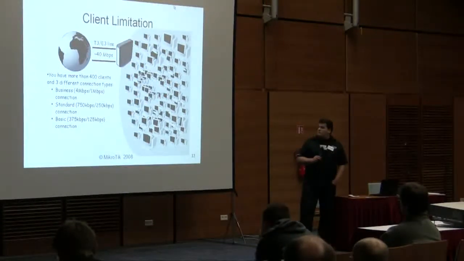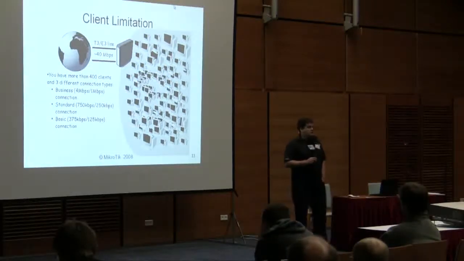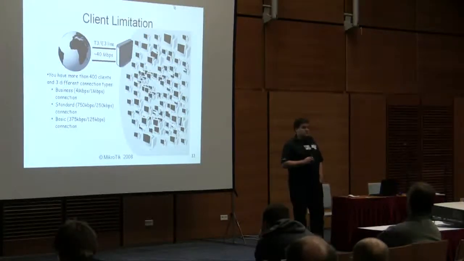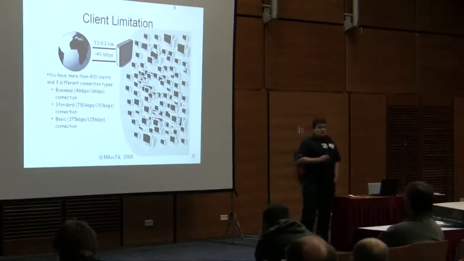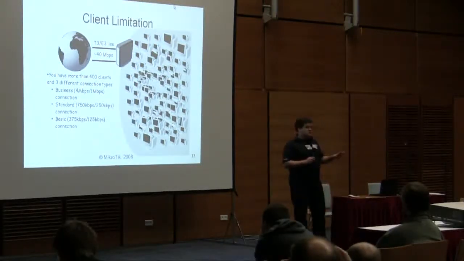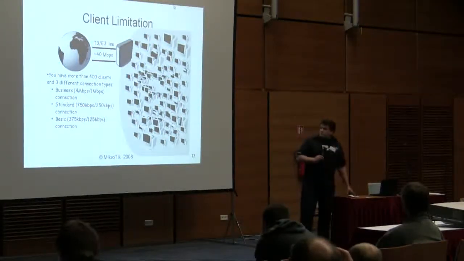So you have an internet connection and then you have 3 connection types. Let's say I call it business, standard, and basic. So each client, when he wants to connect to you, can ask for business, basic, or standard connection. So I think that you have something common. So let's take a look how we can manage this one.